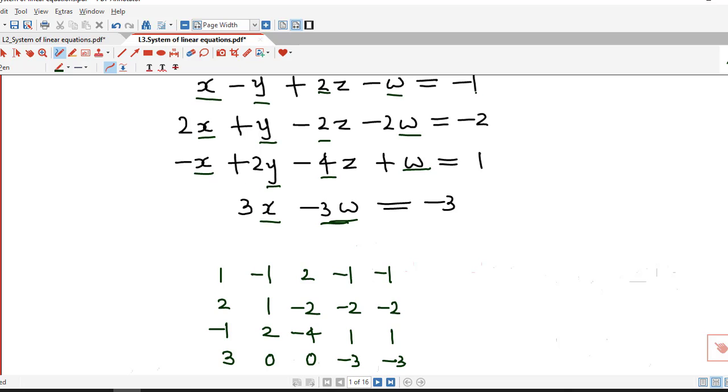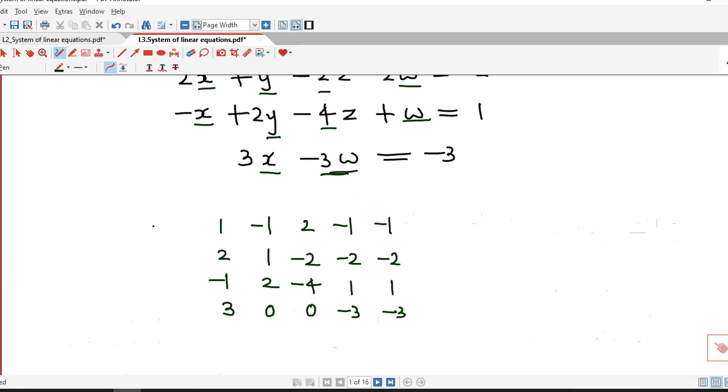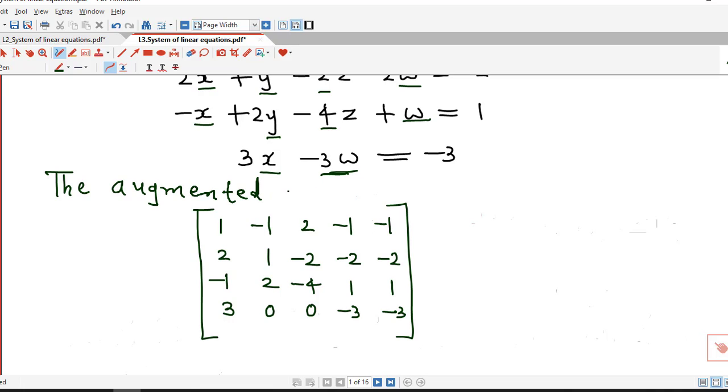And last column is -1, -2, 1, -3. So this is the augmented matrix corresponding to given system. The first step of Gauss elimination method is to write augmented matrix.